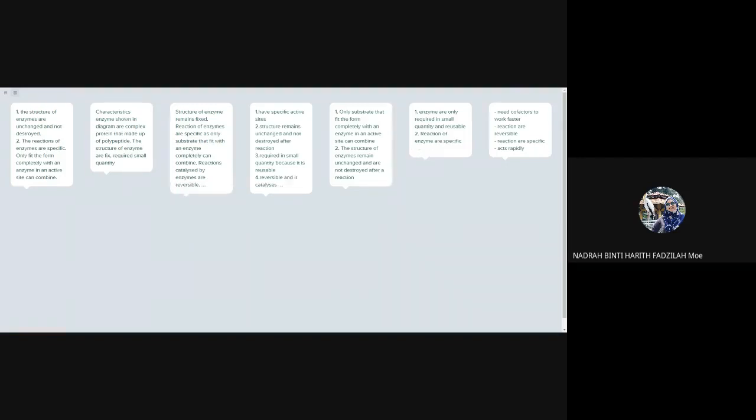Kalau diagram tu tak ada arrow patah balik, jangan tulis ya, sebab diagram ni ada, so kita boleh tulislah enzyme reactions are reversible. Okay. Kemudian, okay, so basically kita ada 4 karakteristik kat situ kan.